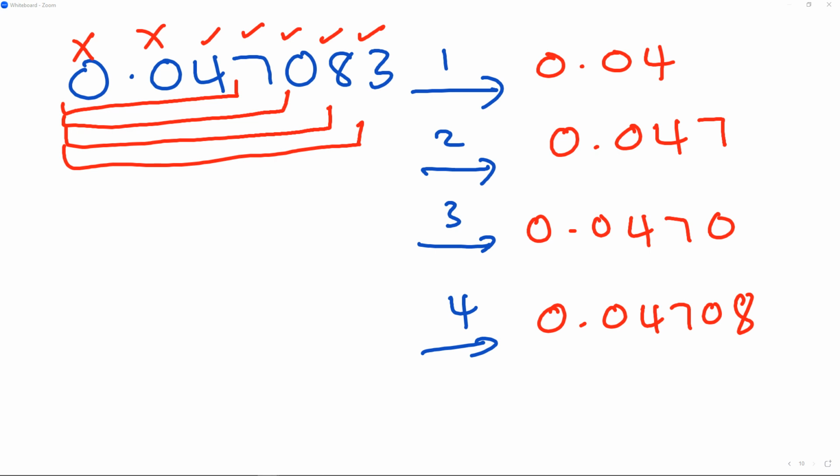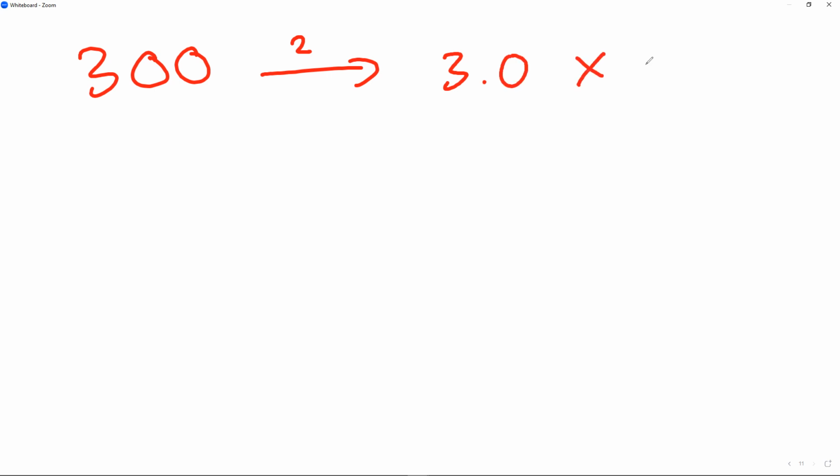All right, let's go to the next example. 300. If I want to round it to two significant figures, I've got to have it as 3.0 times 10 to the power of 2.